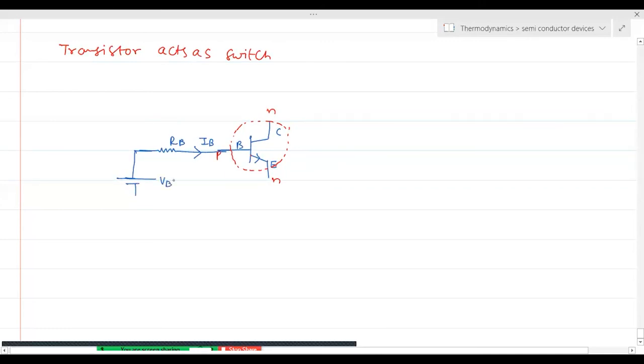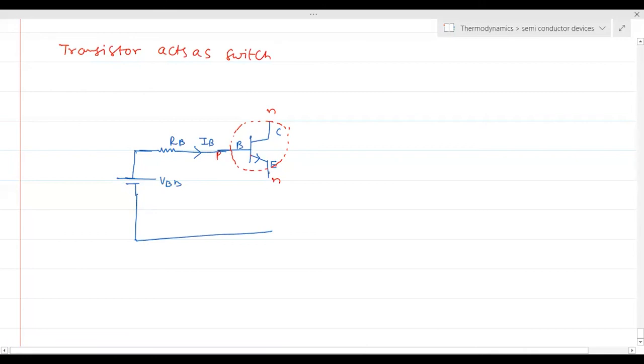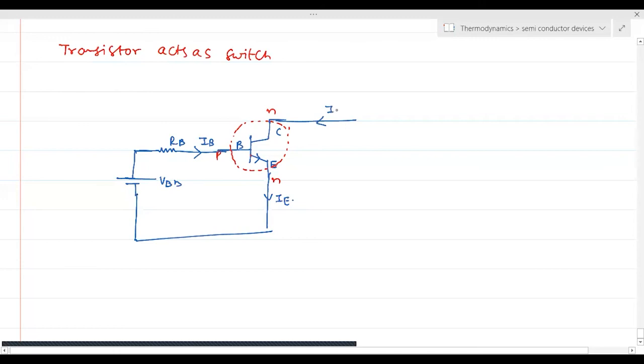So the input battery we are specifying here is VBB, and this is IE. In this way we are having IB. This is IC, passing through RC, the load resistance, and we have VCC.